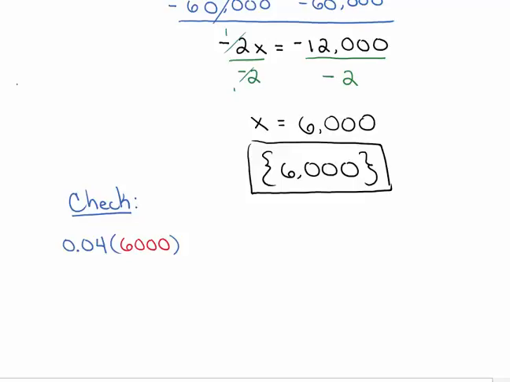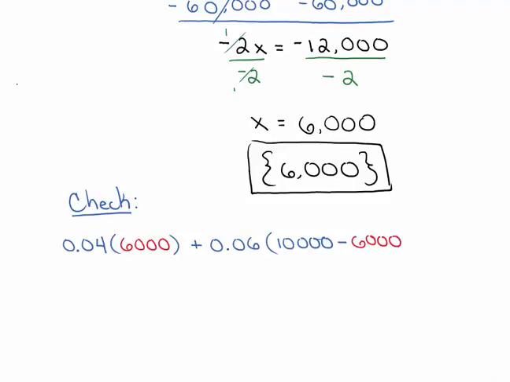So we're going to have 0.04 times 6,000 plus 0.06 times the quantity 10,000 minus x, but instead of x we're going to substitute 6,000, close the parentheses, is equal to 480.